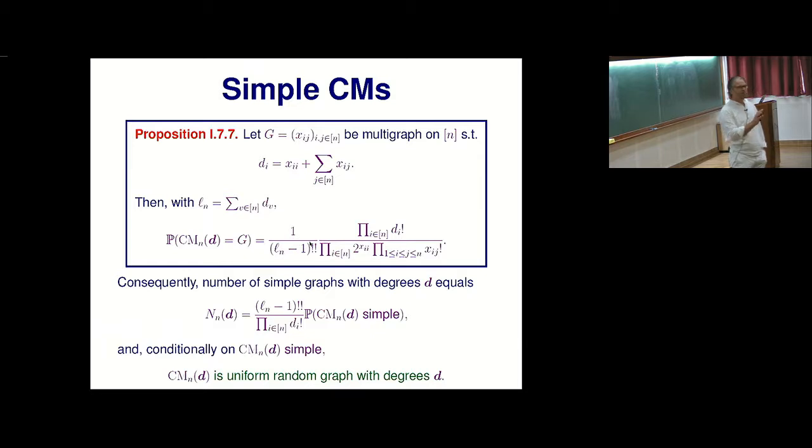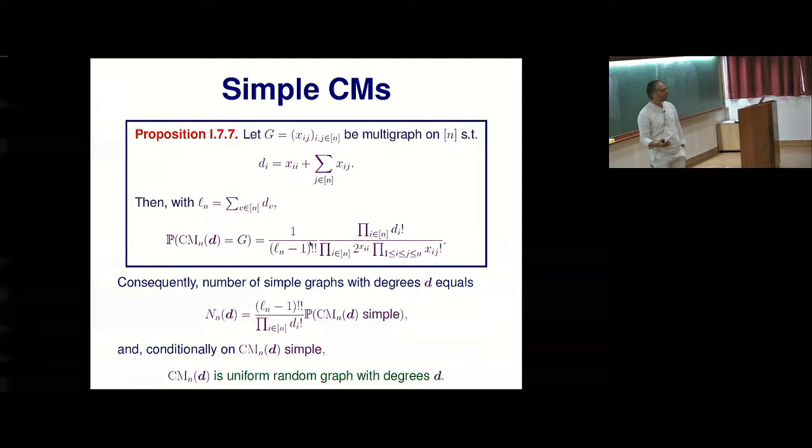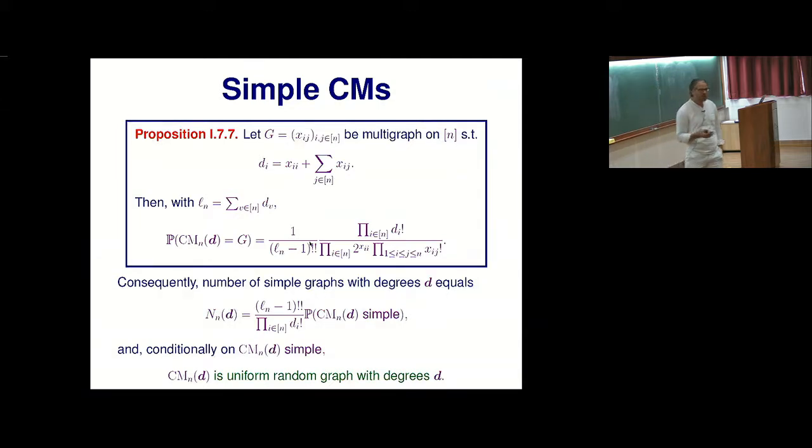That's actually quite nice, because remember that yesterday we were talking about how to produce a uniform graph with a given degree distribution. And I told you, well, it's actually difficult, and it's not even known how many you have. Okay, well, this is a way that will produce it. So if I run the configuration model, and I just accept the very first outcome that is simple, then that will be, in law, a totally uniform random graph with a given degree distribution.